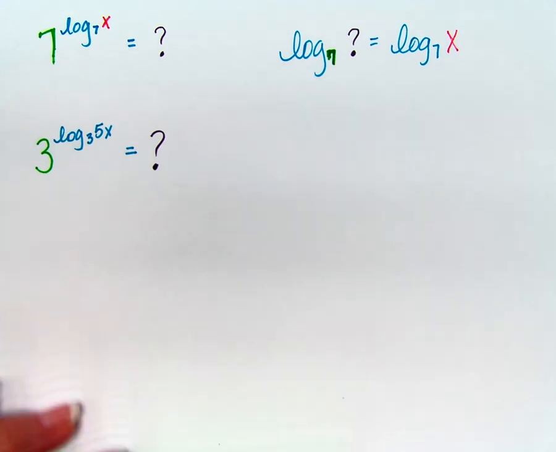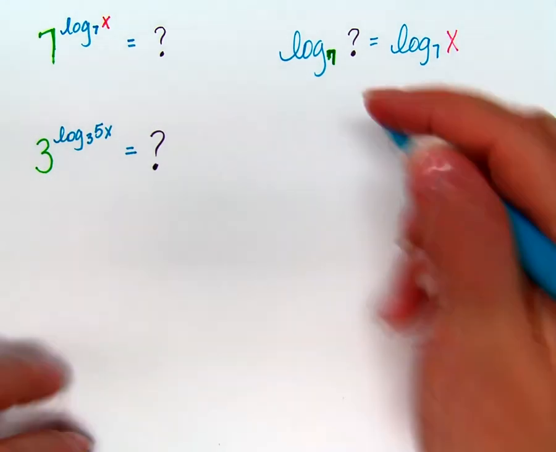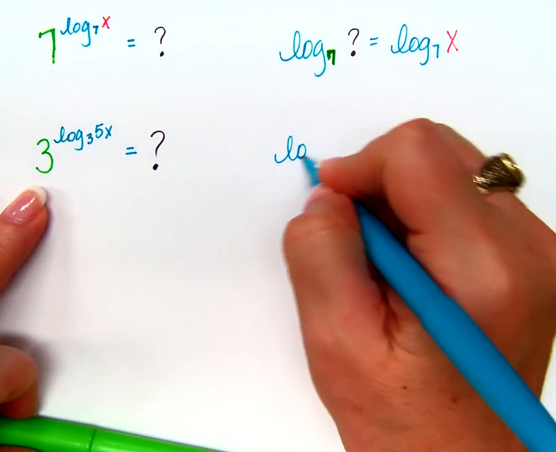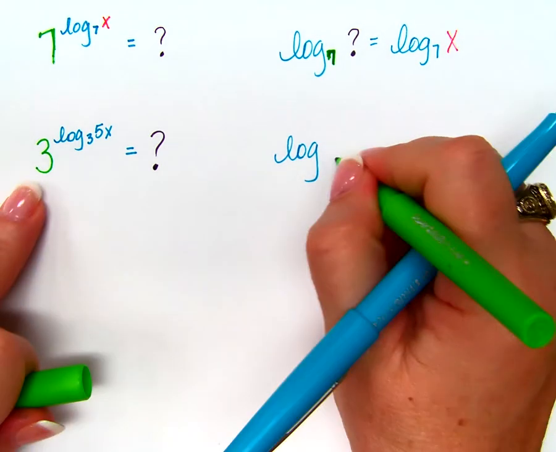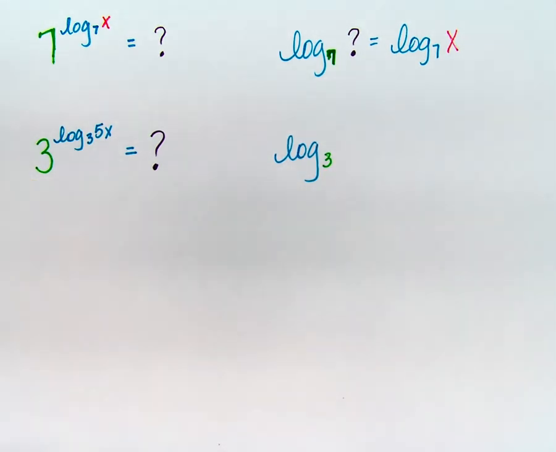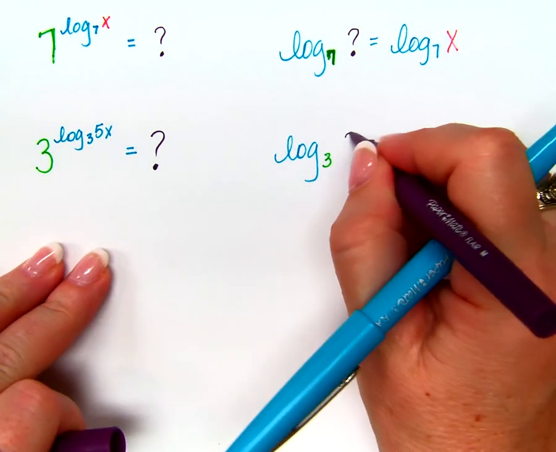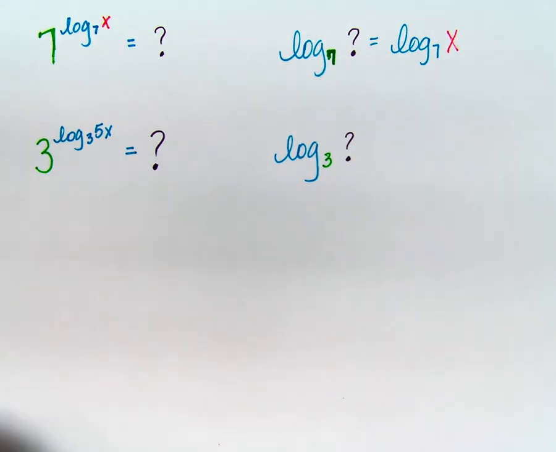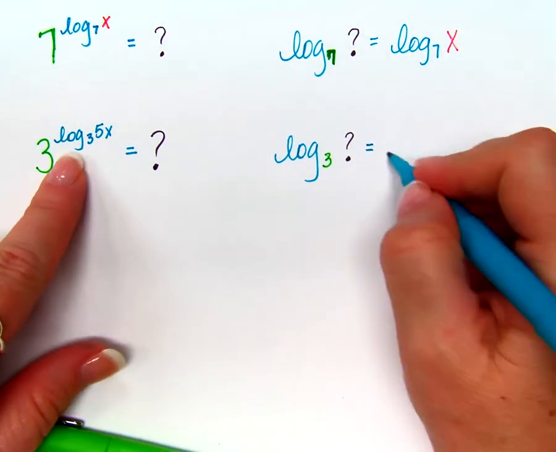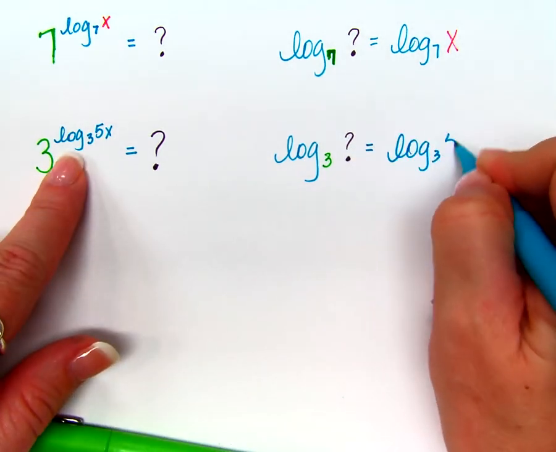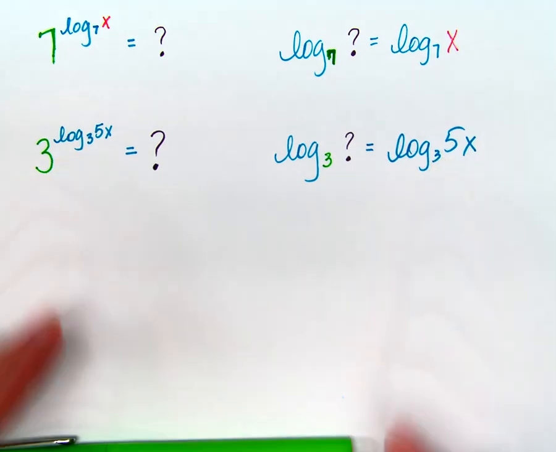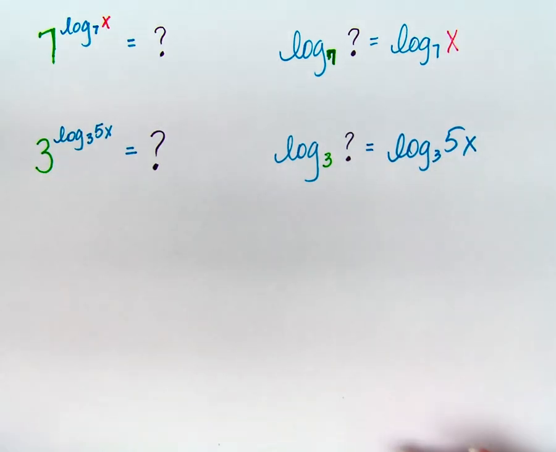How do I write it in logarithmic form? Log base 3 of question mark equals what? Log base 3 of 5x. That's from the exponent, right? What does the question mark have to equal? 5x.